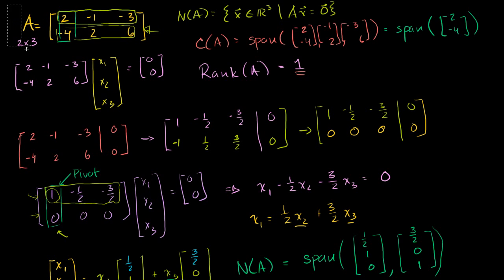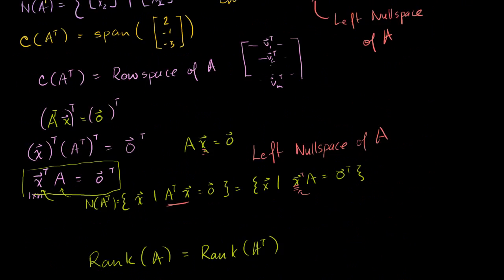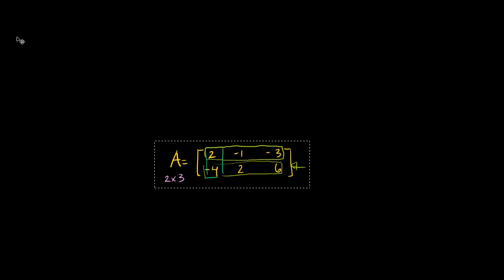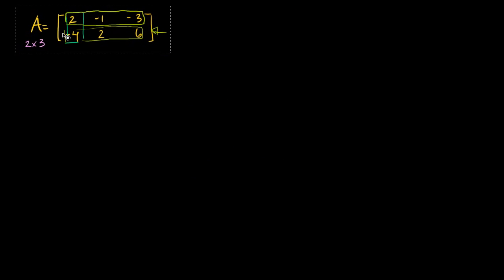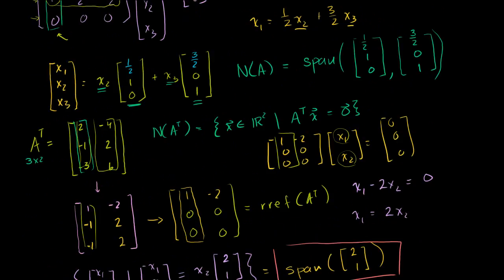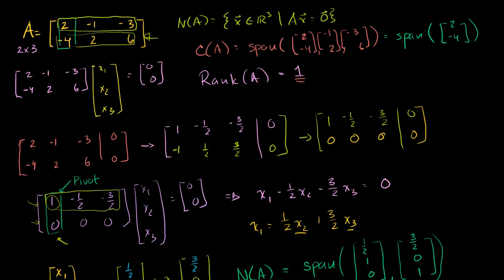So let me copy and paste my original matrix. Let me scroll down here and paste it over here. Let me see if I can find our key takeaways from the last video. So our column space of A was this thing right here.